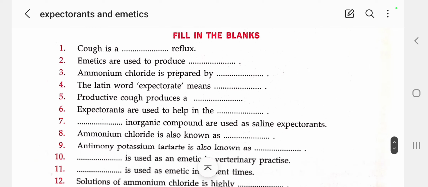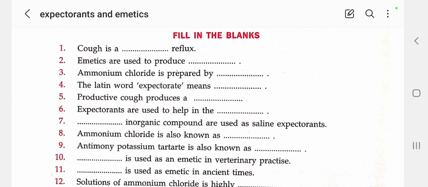So fourth one, the Latin word expectorant means to expel the excess, or to drive from the chest, or to drive from the trachea, chest, and lungs also.